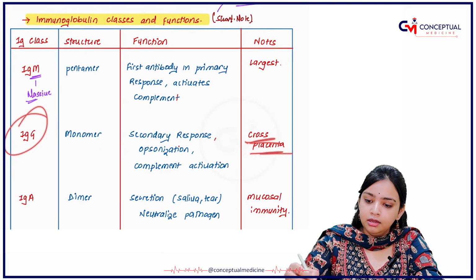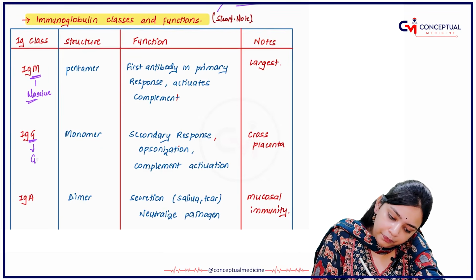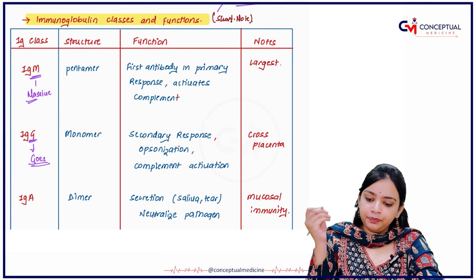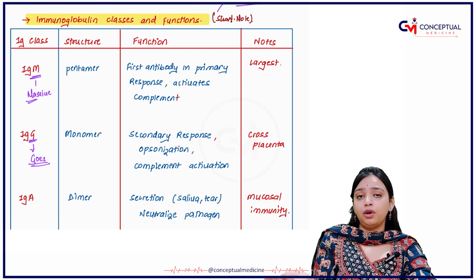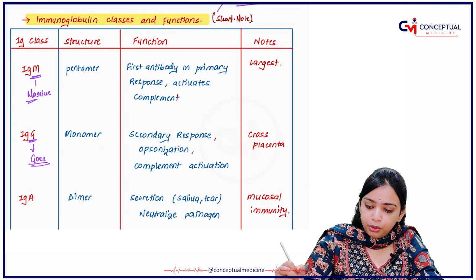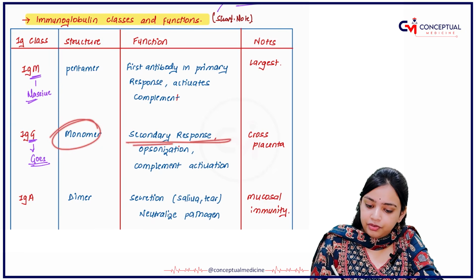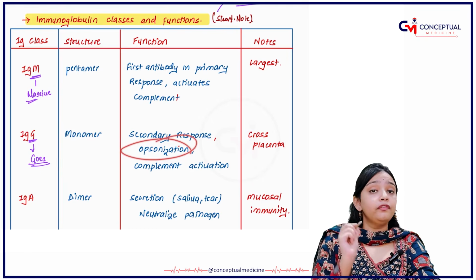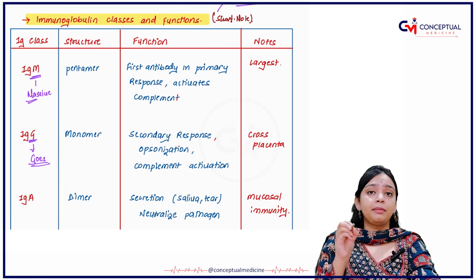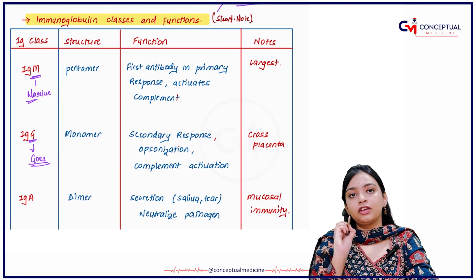It crosses the placenta, so G for goes through the placenta. It is a monomer in structure, and has the secondary response and follows the process of opsonization, the process of making the bacteria tastier. Then there is complement activation.